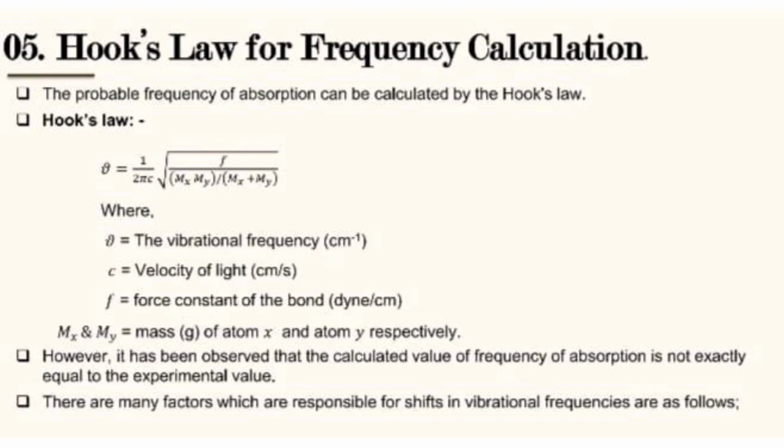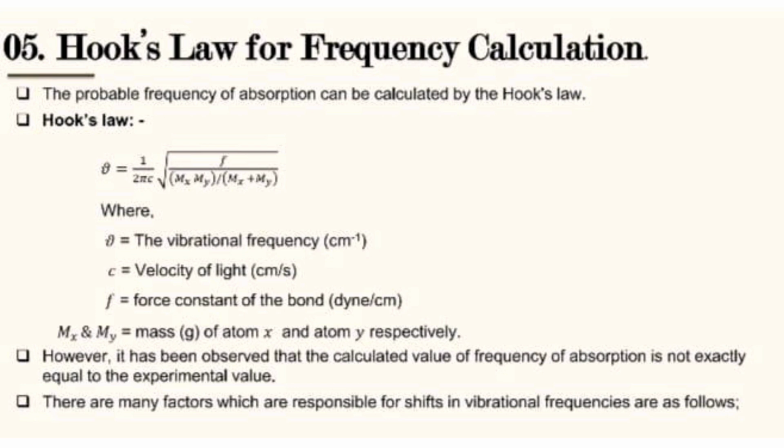Hooke's law for frequency calculation. The probable frequency of absorption can be calculated by Hooke's law. Theta is equal to 1 divided by 2 pi c times the square root of f times m_x m_y divided by m_x plus m_y, where theta is the vibrational frequency, c is the velocity of light, f is the force constant of the bond, and m_x and m_y are the masses of atom x and atom y respectively.